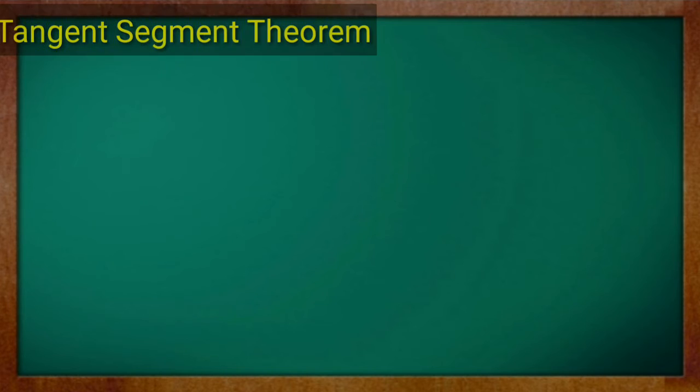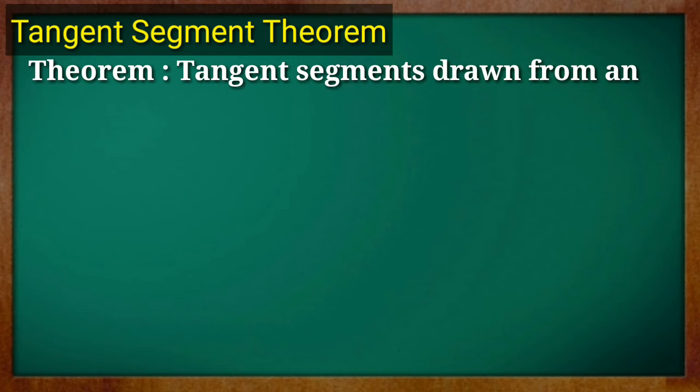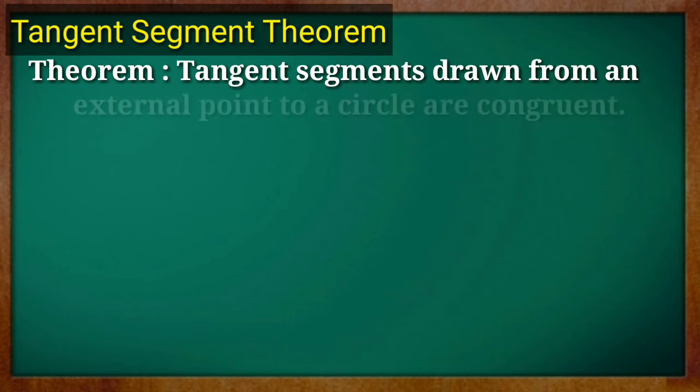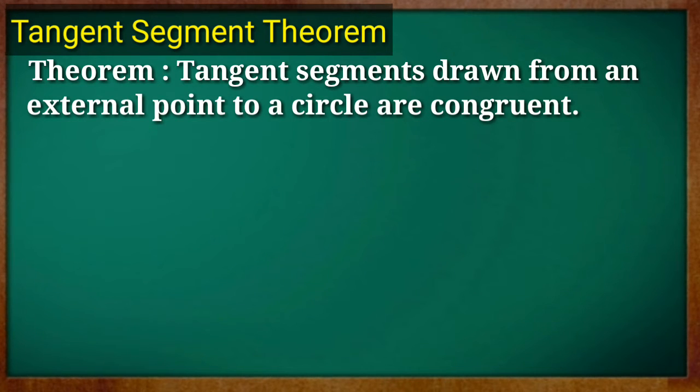Then next point is tangent segment theorem. And statement is tangent segments drawn from an external point to a circle are congruent. From statement, we will draw the diagram.